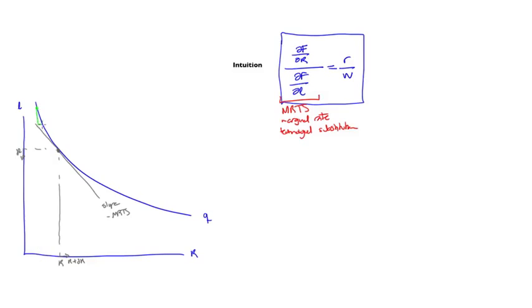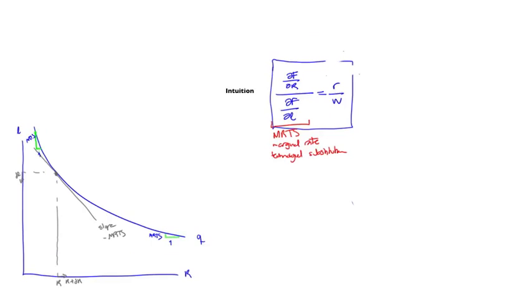You can think of it as, this is always dK and this is dL, the change. Whereas here, when you have a lot of capital already, if you decrease labor by a little bit, you will have to increase capital a lot to be able to keep production unchanged.